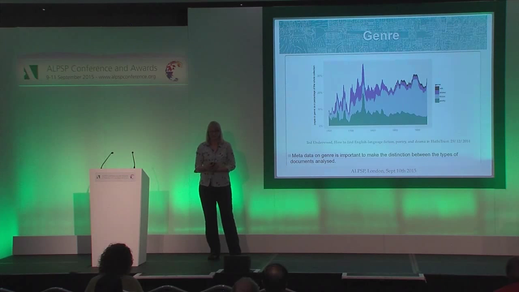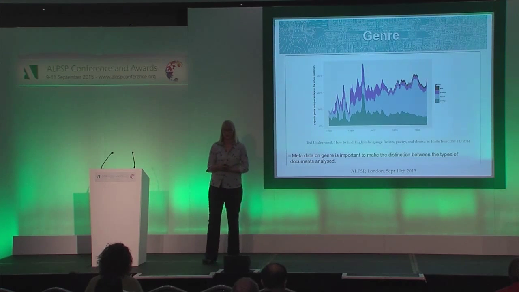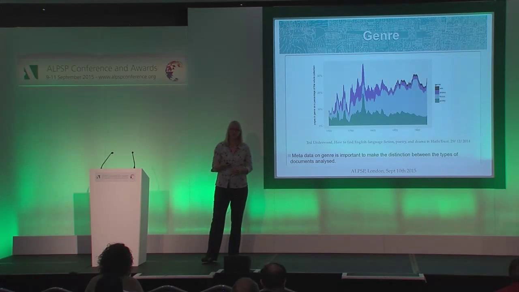And this is a graph from Ted Underwood's blog on genre identification. So in the document retrieval task, sometimes we were able to rely on the information present in the metadata, and that really helped to exclude types of genre that we were definitely not interested in.